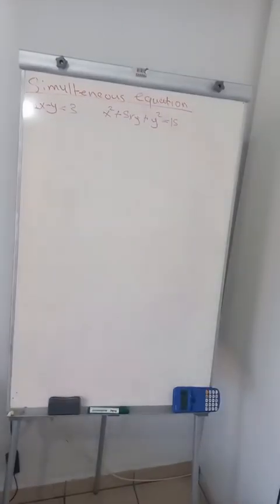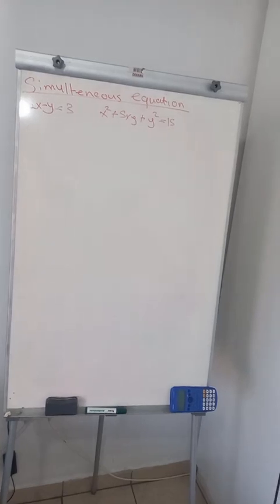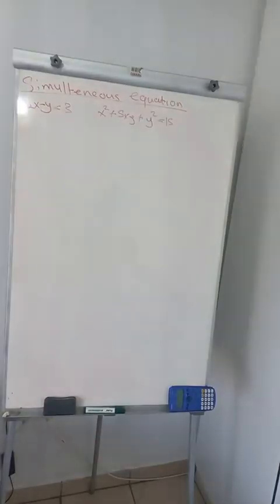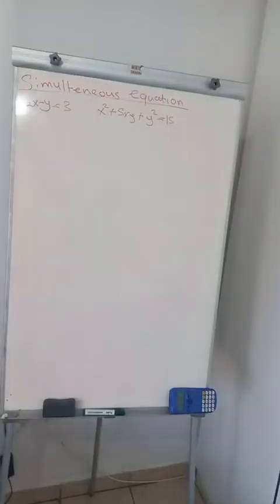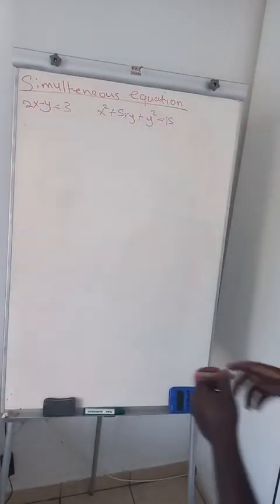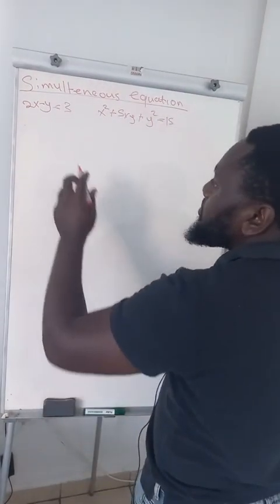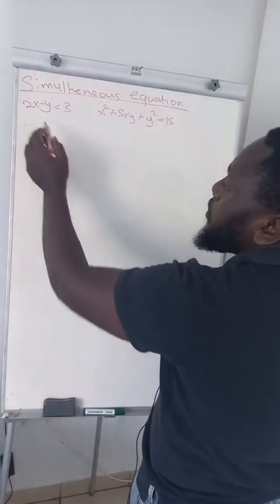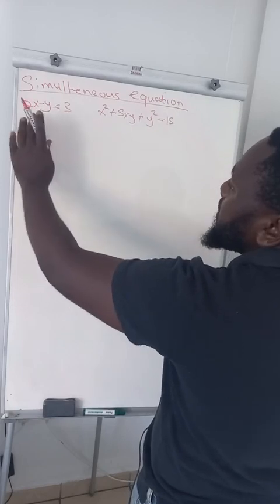So maybe I'll give you a minute to try and think. So once you get something like this, as I mentioned, make y the subject of the formula, because it's much easier like that.